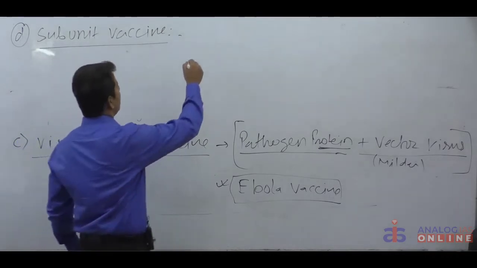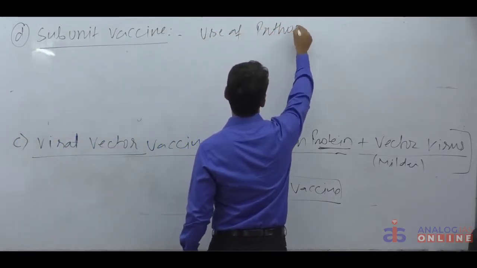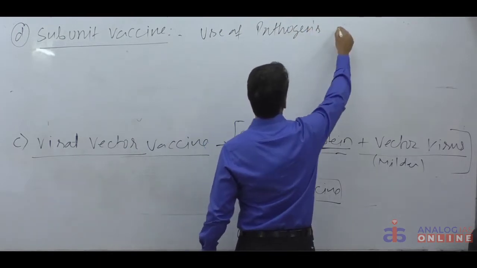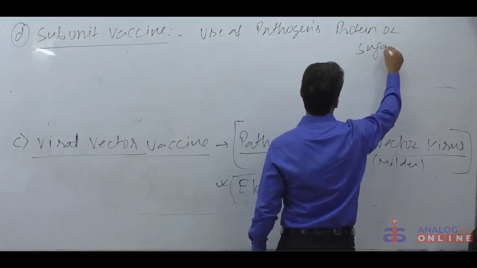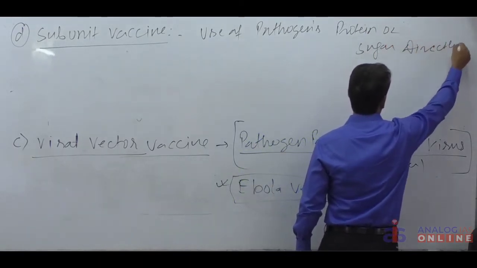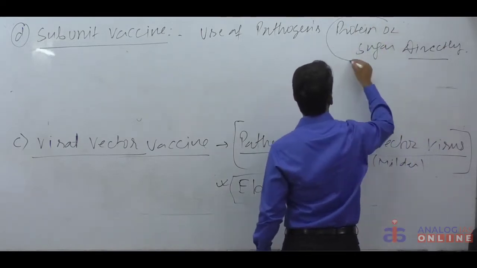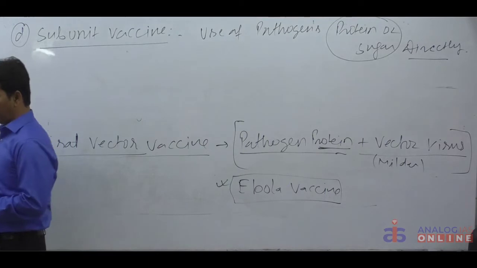So, use of pathogen protein or sugar directly. So we just use the protein and sugar directly.